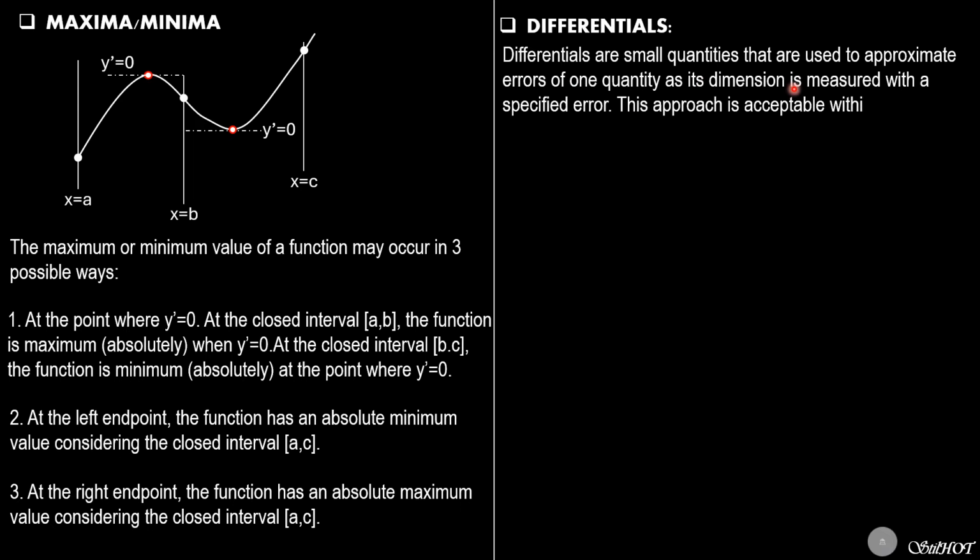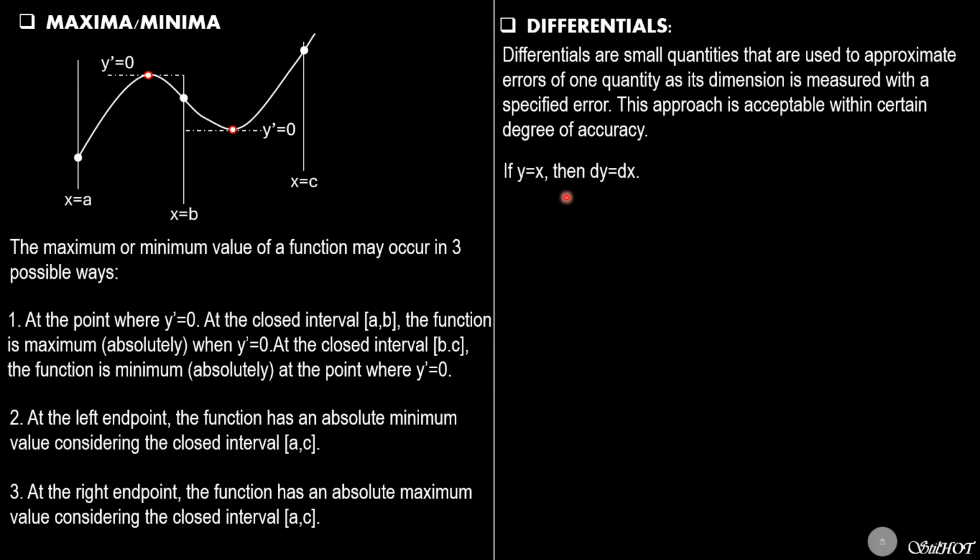So differentials are small quantities that are used to approximate errors of one quantity as its dimension is measured with a specified error. So this approach is acceptable within certain degree of accuracy. So of course, if the change is very small, then the corresponding error calculated in the other quantity would be acceptable because it is also very small.